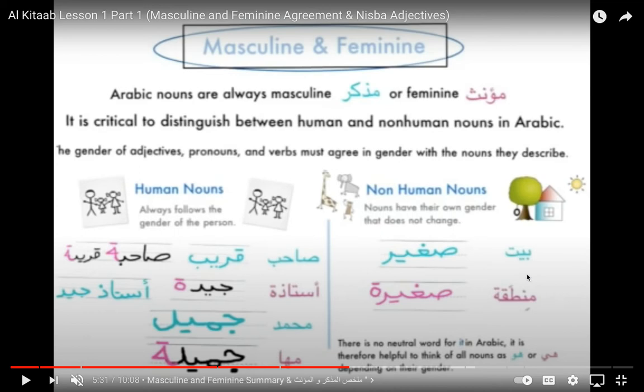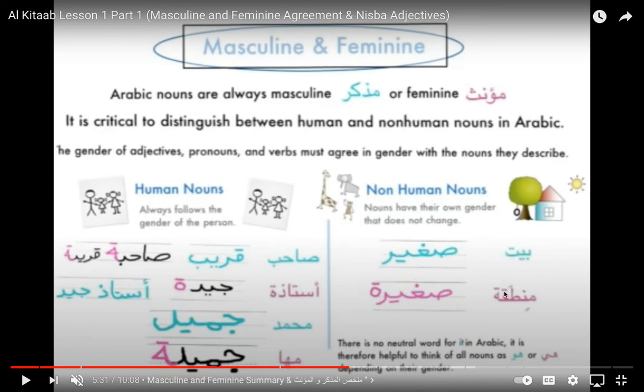For example, bait is always a masculine noun. So if I wanted to describe bait with an adjective, with a na't or with the sifa, sifa or na't means adjective, I would say بيت صغير. See what I did? I did not add the ta marbuta because bait is masculine, so the adjective must follow it.